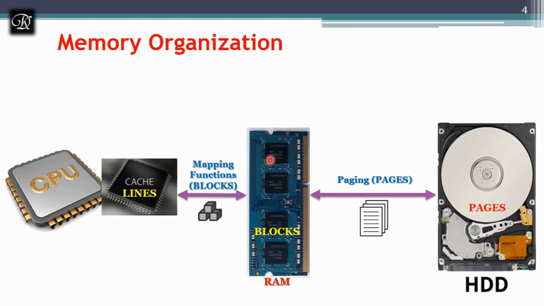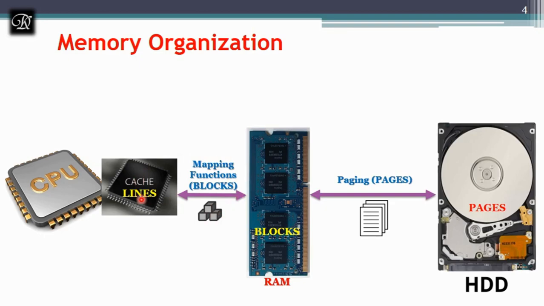The blocks which reside in the main memory will be brought into the cache with the help of a mapping function. But the cache is too small; main memory is larger than the cache. If I have thousands of blocks in the RAM, where the cache can accommodate only some 10 blocks, it has to decide which block should be stored over here.